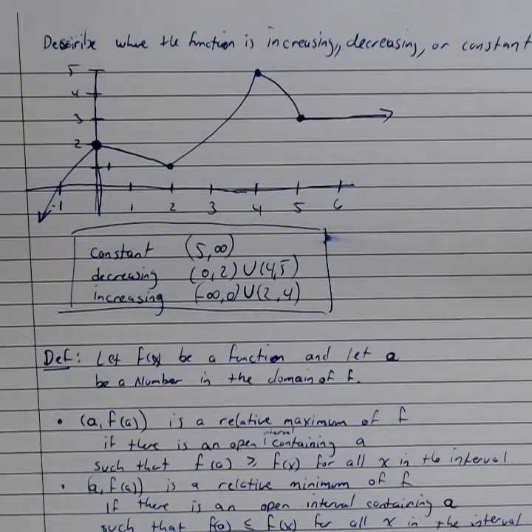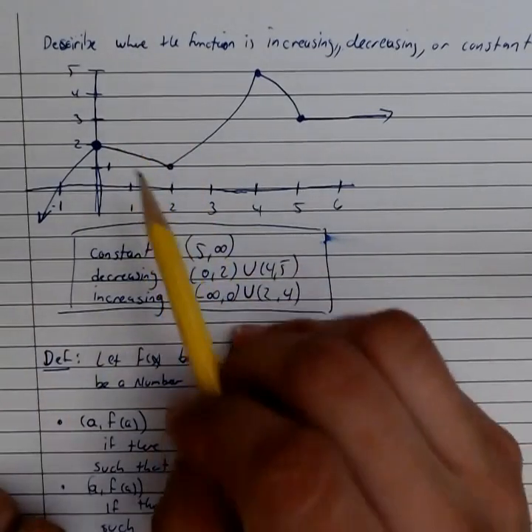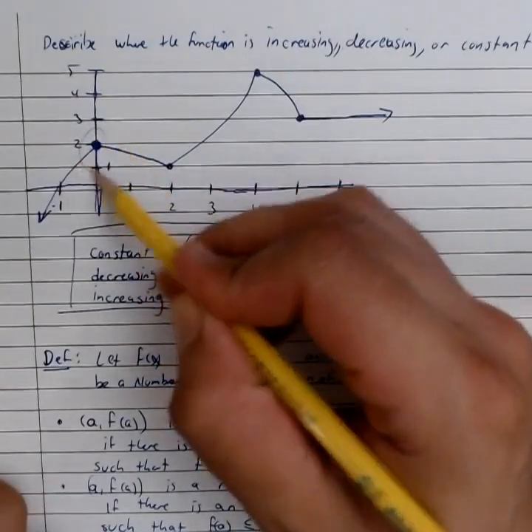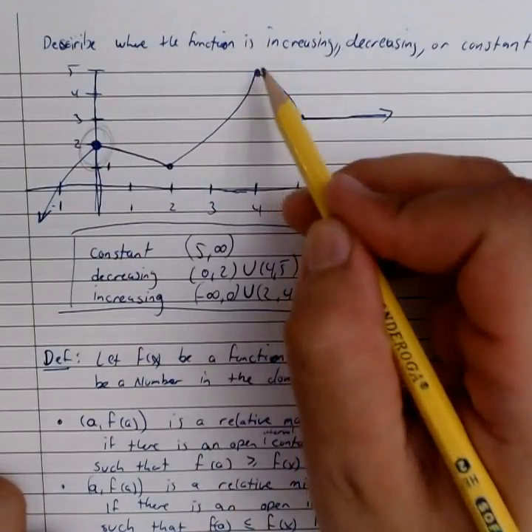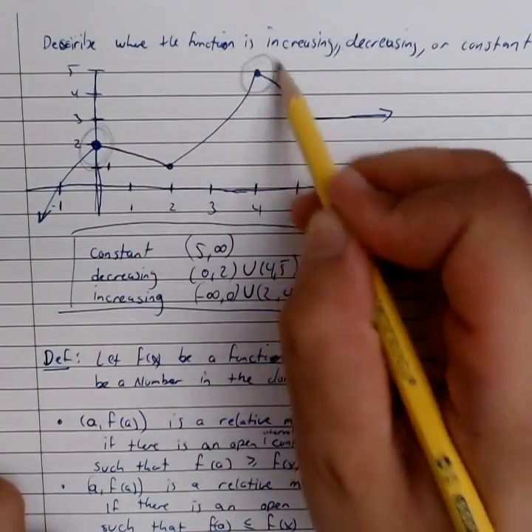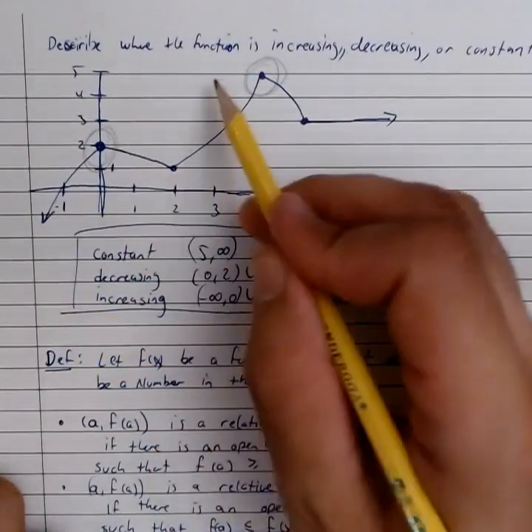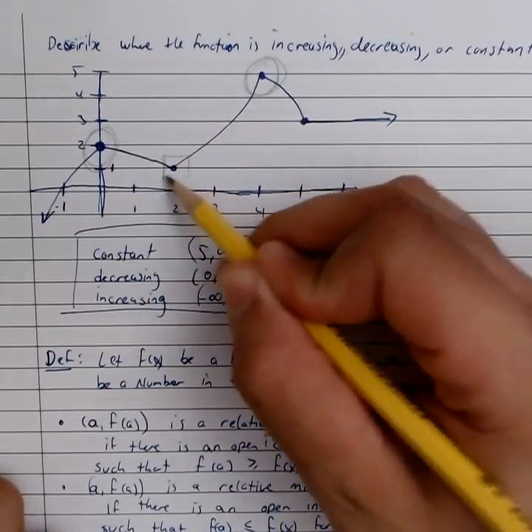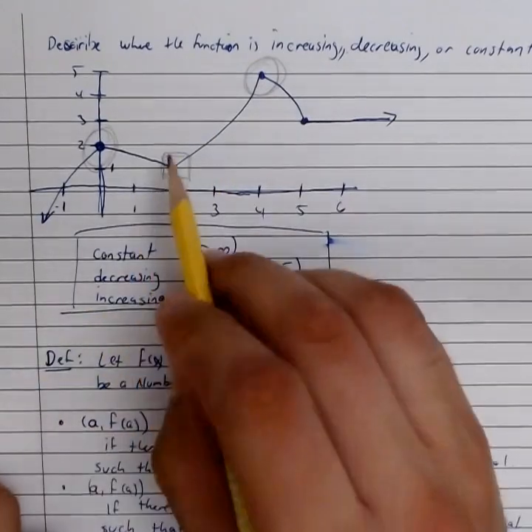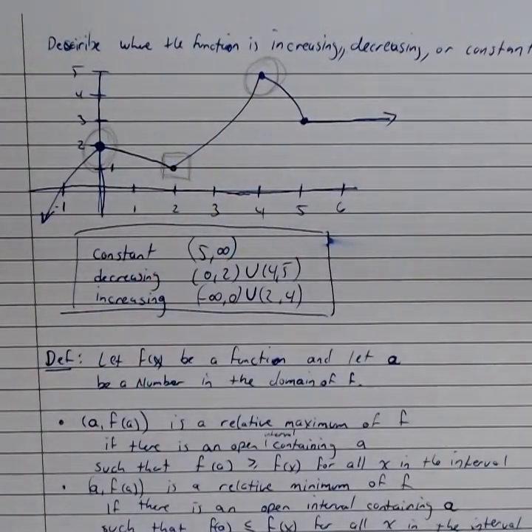All right, and from just a quick look, we can pinpoint all of those. Here I have the top of a little hill, and same thing over here, I have the top of a little hill. So here, both of these would be local maxima. Here I have the bottom of a valley, and that would be a local minimum.